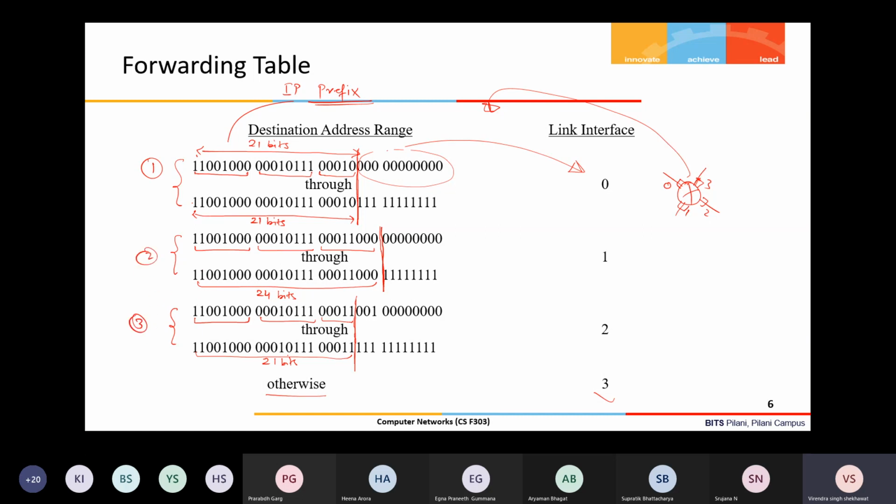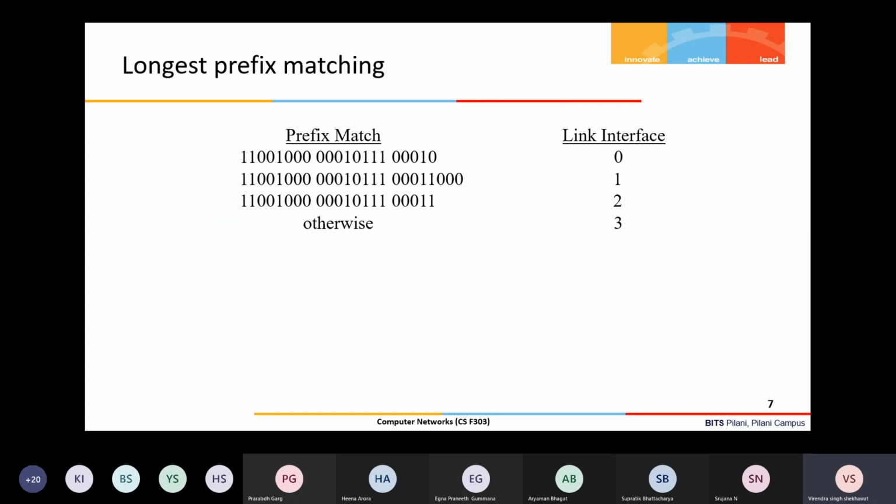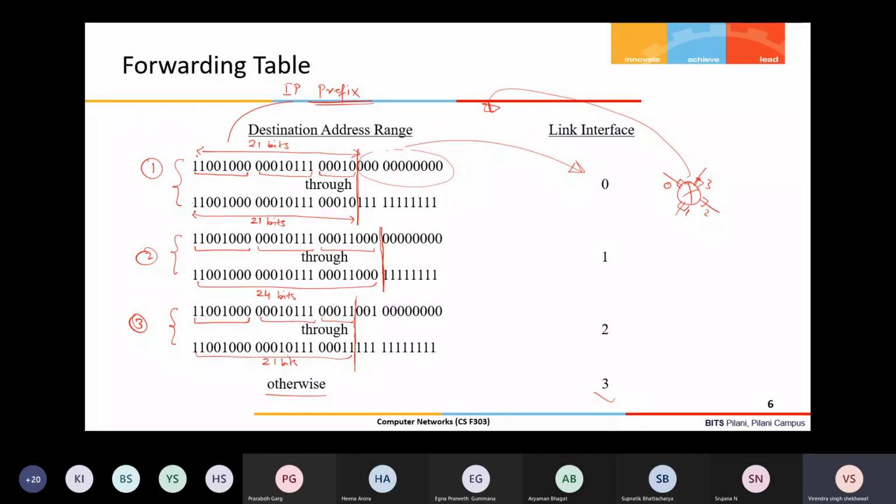The entries which will be required in the router for these address ranges are these three entries, which I copied from the previous slide. This is a 21-bit entry, this is also 21, and this is a 24-bit entry. With the help of these three prefixes, I can forward the datagrams corresponding to the address range specified here. Correct?